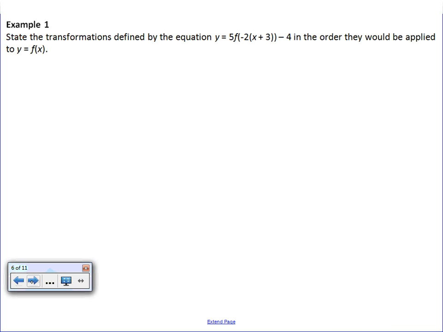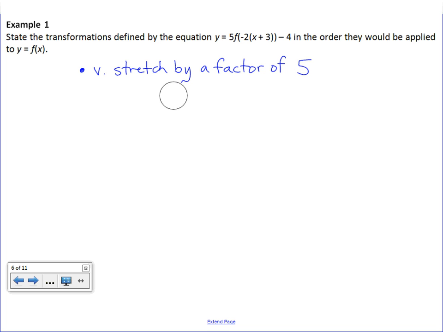Okay? So the first thing I see is a 5. What transformation is that affecting? It's A. So what the 5 is saying, I'm going to apply what transformation to f? Vertical stretch. Vertical stretch by a factor of, do I have to take the reciprocal of 5 or do I just write 5? Right, 5. Good. Vertical stretch by a factor of 5. Done. Next, I move along to the K value.